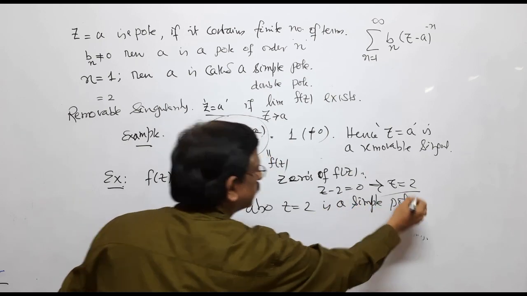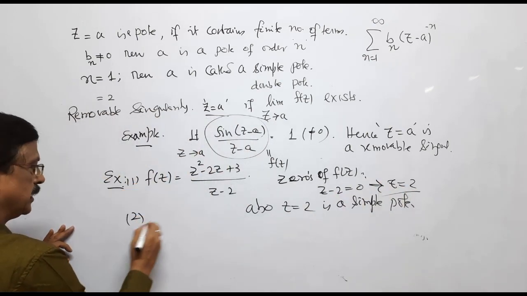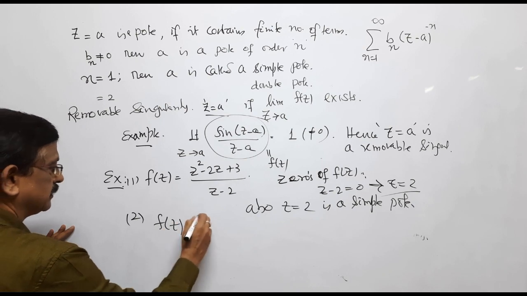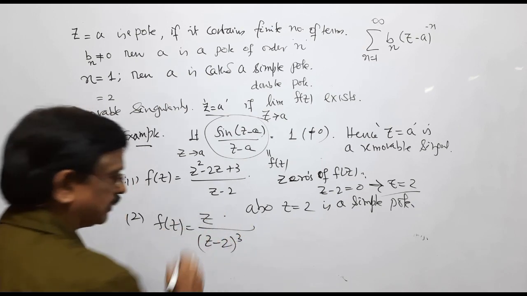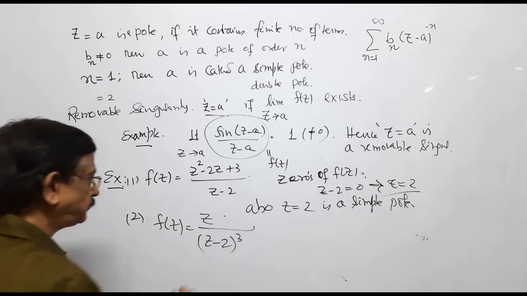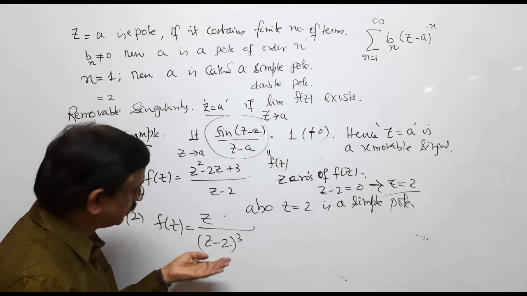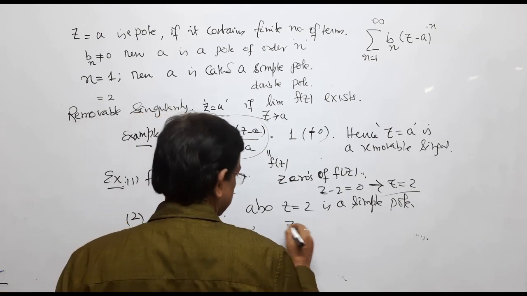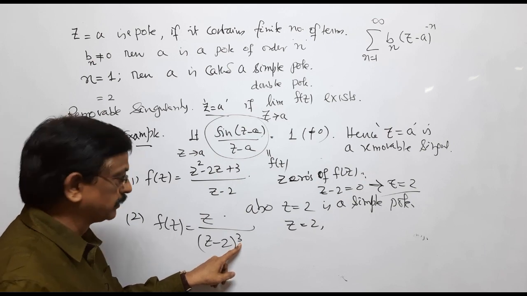I have another example, which is z/(z − 2)³. Here the denominator is (z − 2)³, so z = 2 is a singularity. Not only that, it is repeated.